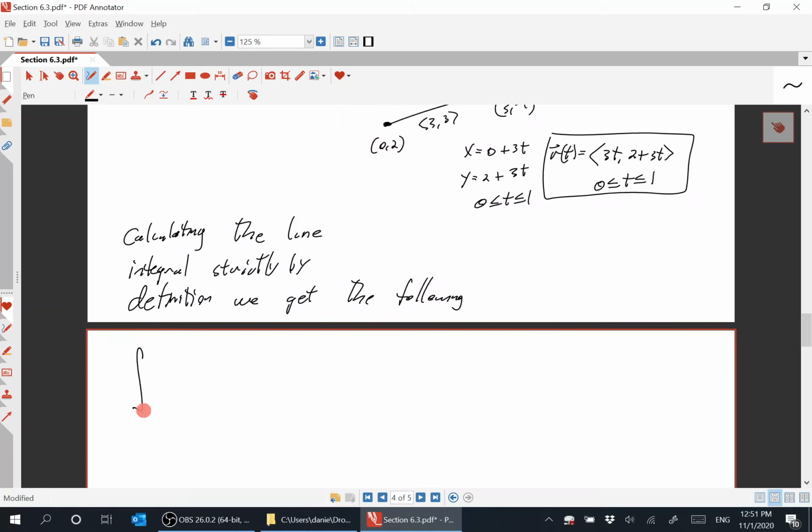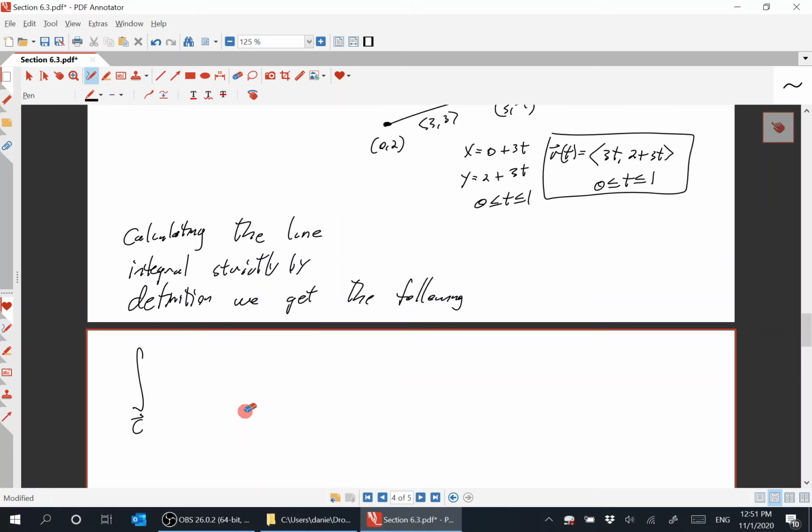The line integral over C of F dot dr is equal to the integral from a to b of F of r of t. Well, what is that function?